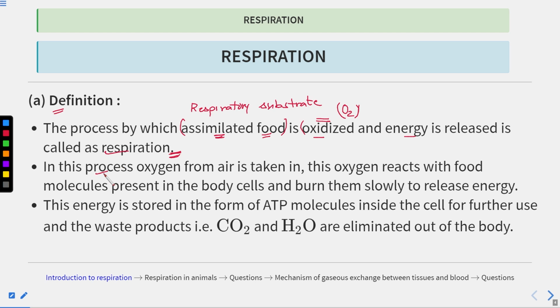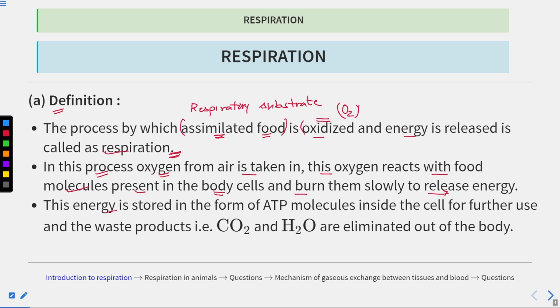Now, in aerobic respiration, the oxygen from the air is taken in, and this oxygen reacts with the food molecules present in the body. What are the food molecules? The glucose, proteins and fats, and they burn them slowly to release energy. I've already told you fats are the molecules that release the highest amount of energy.